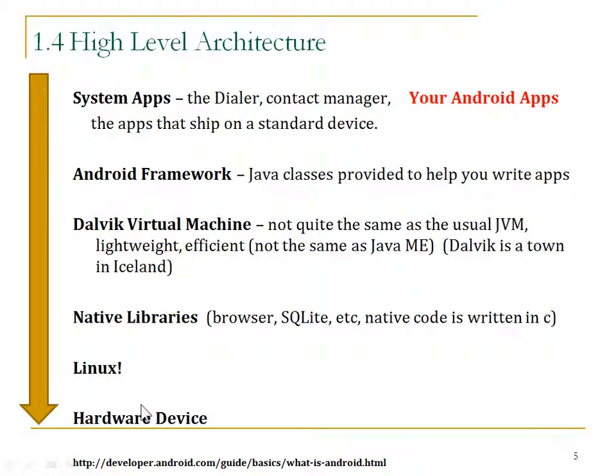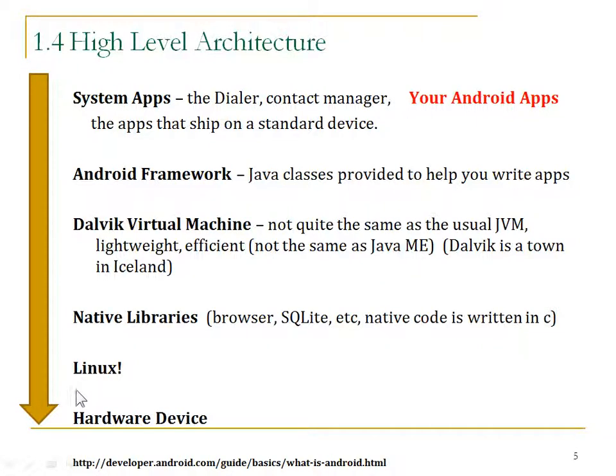I think it should be called a development stack or a software stack, but the operating system, the one that actually runs on the hardware, is a version of Linux, which is tuned to running on small devices. So everyone is familiar with Linux, but you didn't necessarily know that all Android devices have Linux inside.